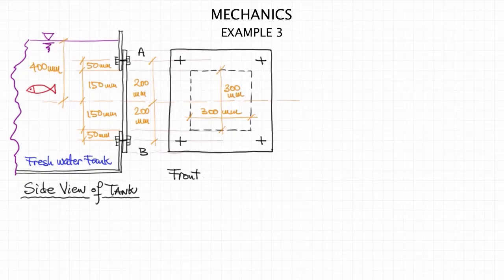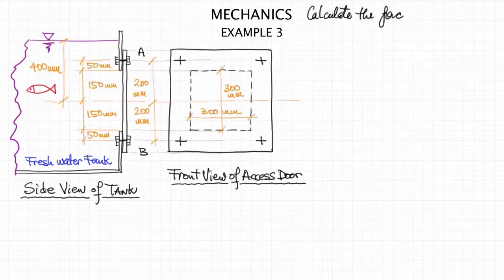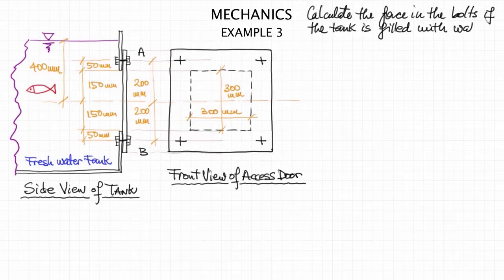So again, the left diagram was the side view of the tank, and this is the front view of the access door. Now what we need to calculate in this question is the force in the bolts at A and at B if the tank is filled with fresh water, as shown in the side view diagram.